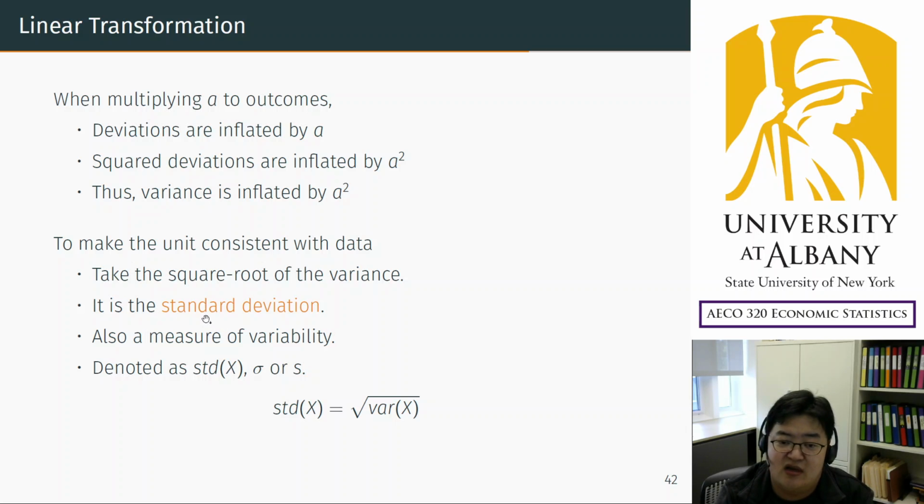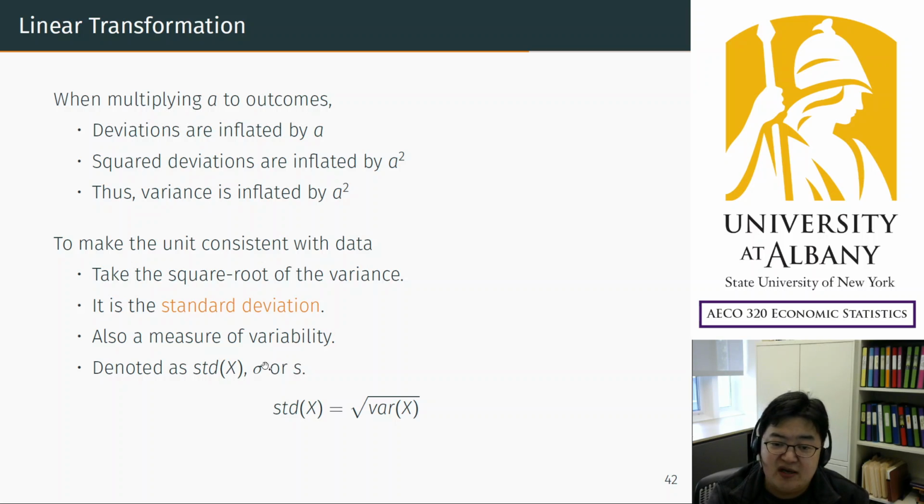Maybe you have heard about this. This is also a measure of variability. Taking a square root is not a big difference, but in the end, it is a unit consistent measure, which is a big difference. The standard deviation is denoted as STD of random variable x, or simply sigma, or lowercase s.